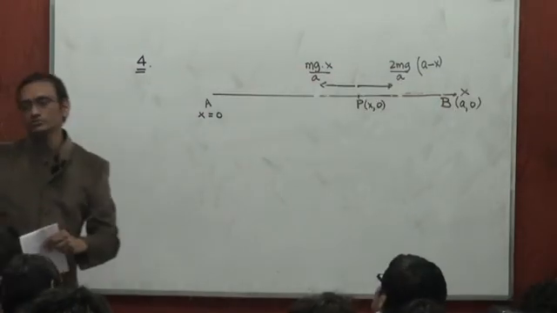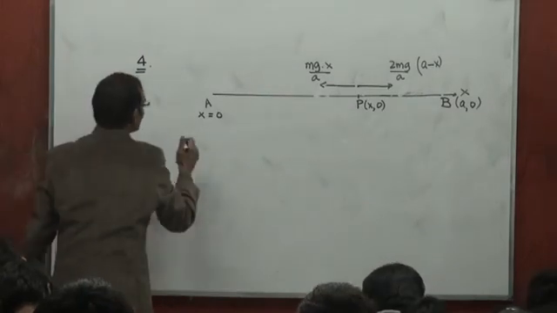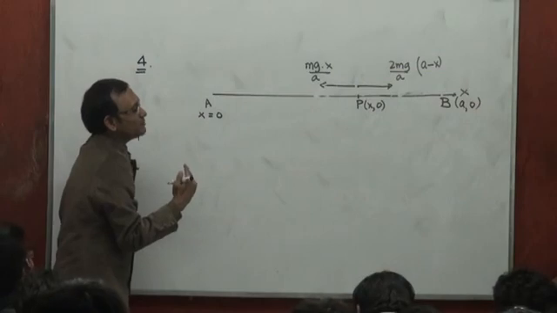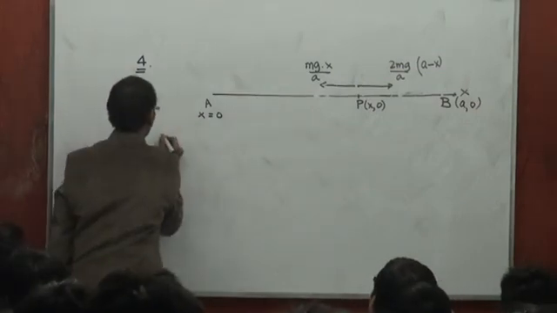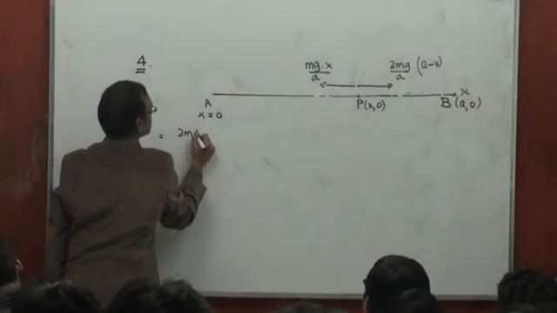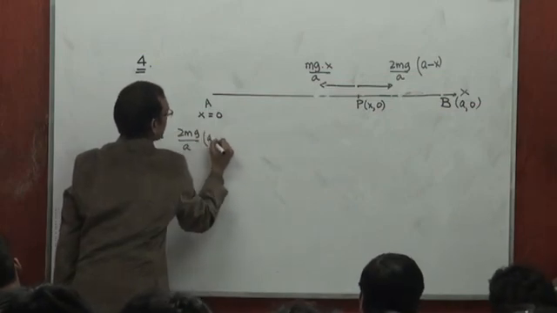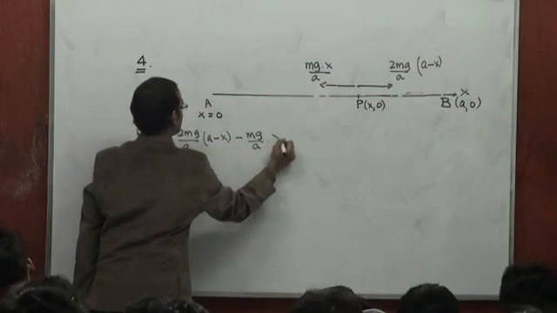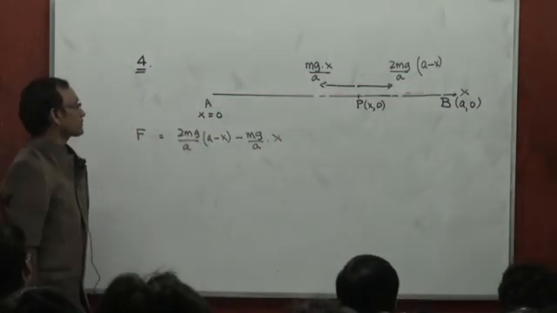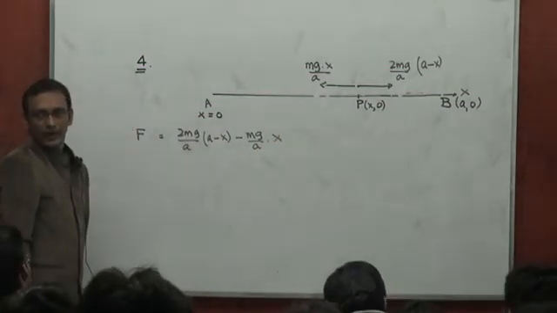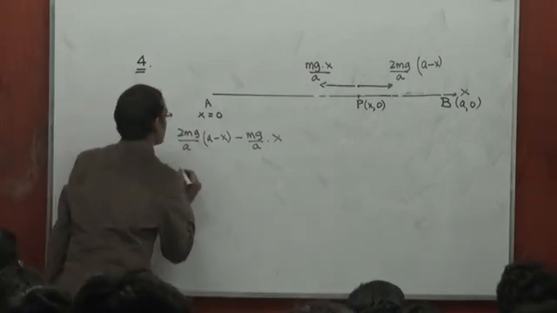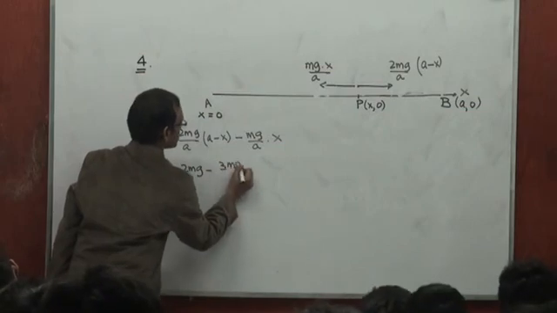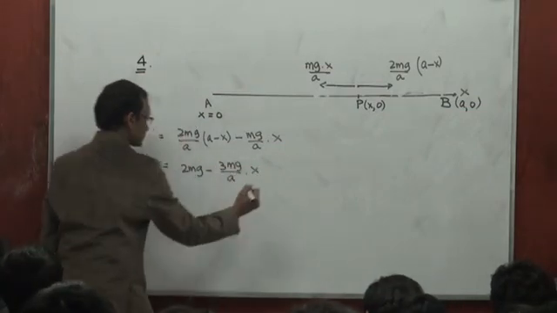So in general, the force acting on the particle at any P is going to be 2mg by a into a minus x, minus mg by a into x, which is going to be 2mg minus 3mg by a into x.